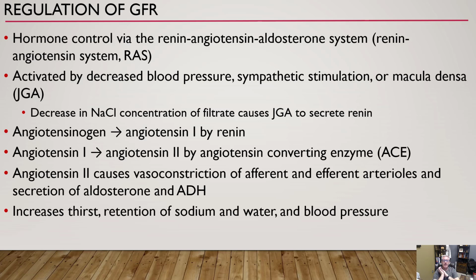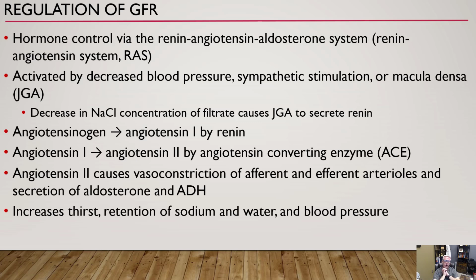So we have angiotensinogen. Remember, anything that's ogen is usually an inactive form. So we have to convert angiotensinogen to angiotensin 1, and renin is the enzyme that does this.